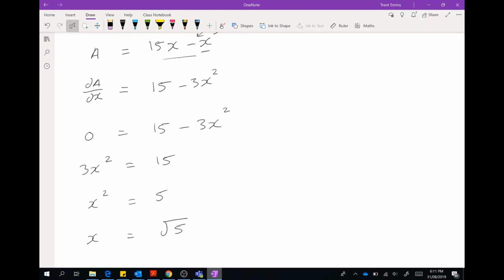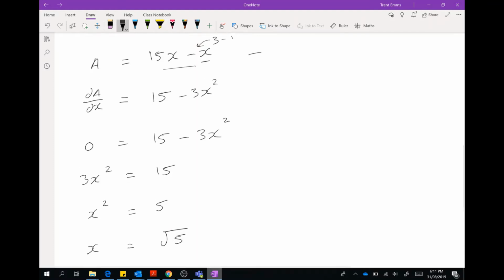And we know from up here that the area of the triangle is 15x minus x cubed.